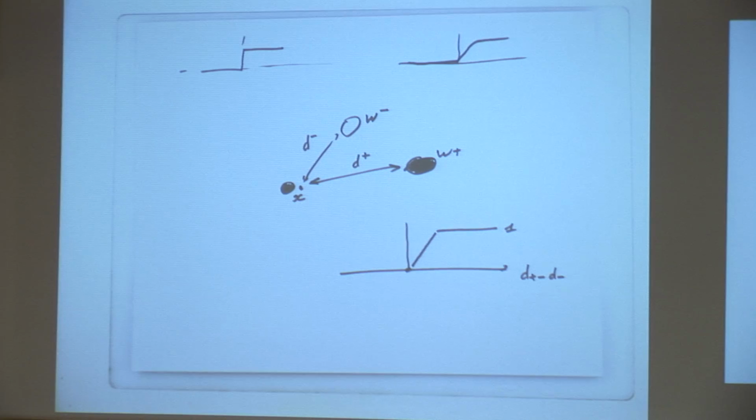And that's the meaning of this loss function here. It takes the distance between X and the closest centroid with the right class minus the distance between X and the closest centroid across all classes, divides by some normalization, and produces a ramp that's like this. Anyway, if you differentiate this, you find the LVQ rule of Kohonen.